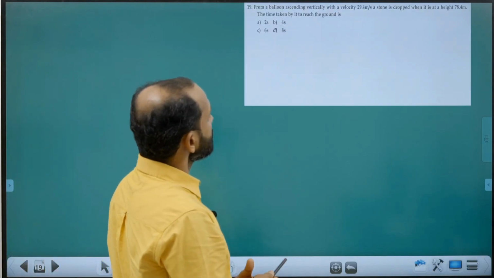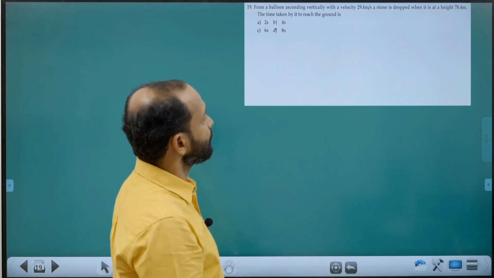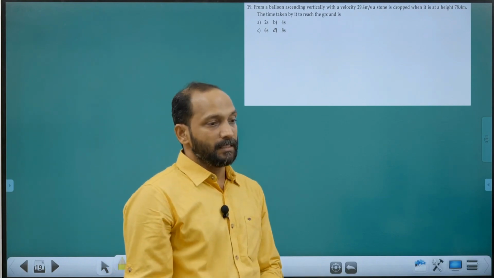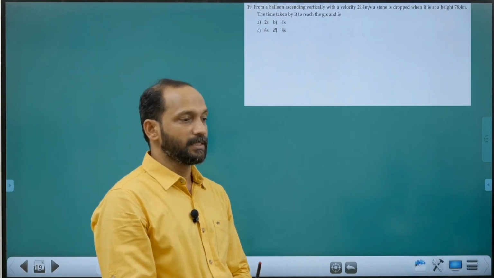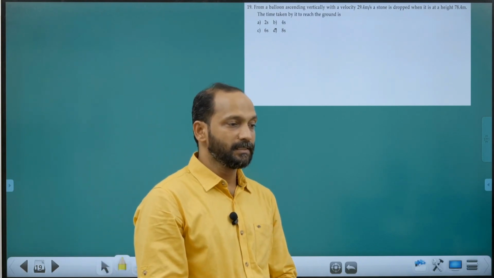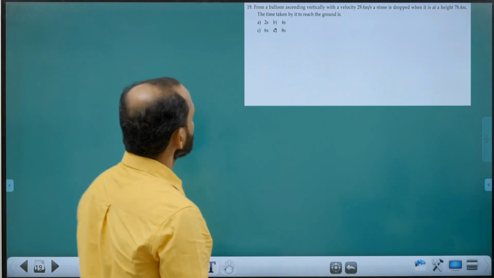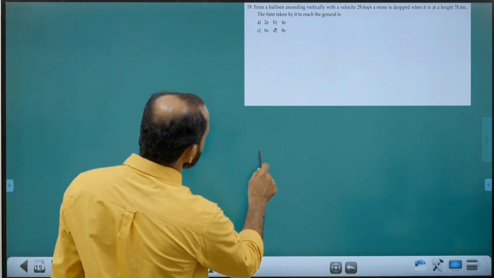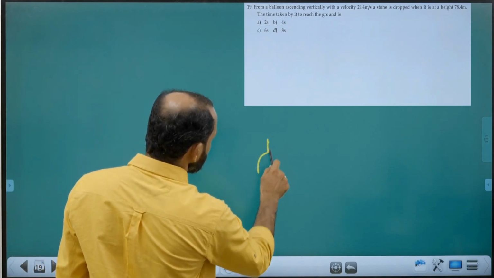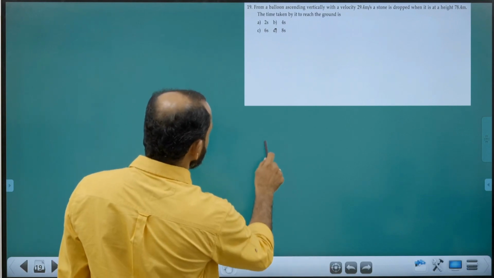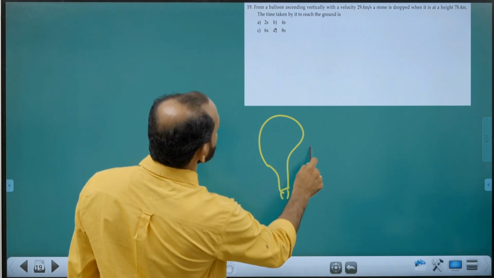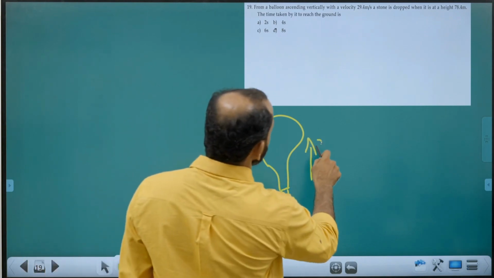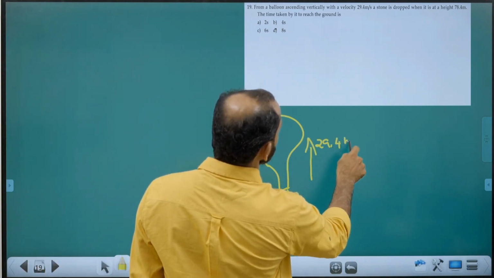From a balloon ascending vertically with velocity 29.4 meter per second, a stone is dropped when it is at a height of 78.4 meter. The time taken by the ball to reach the ground. Here, the balloon is ascending with velocity 29.4 meter per second.